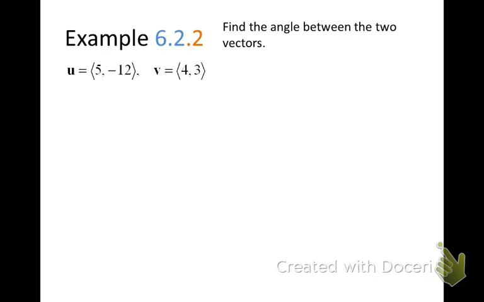It can also be used for this type of problem. It says to find the angle between the two vectors. What I can do is use that last formula. So I can calculate the dot product between the two, set it equal to the magnitude. What is the magnitude of u?